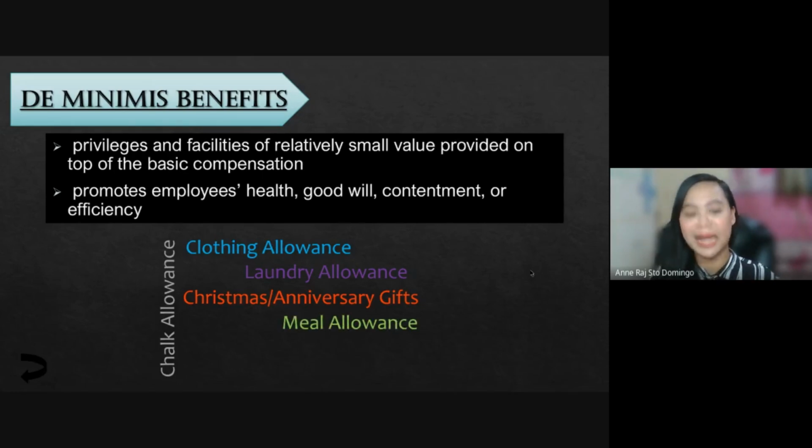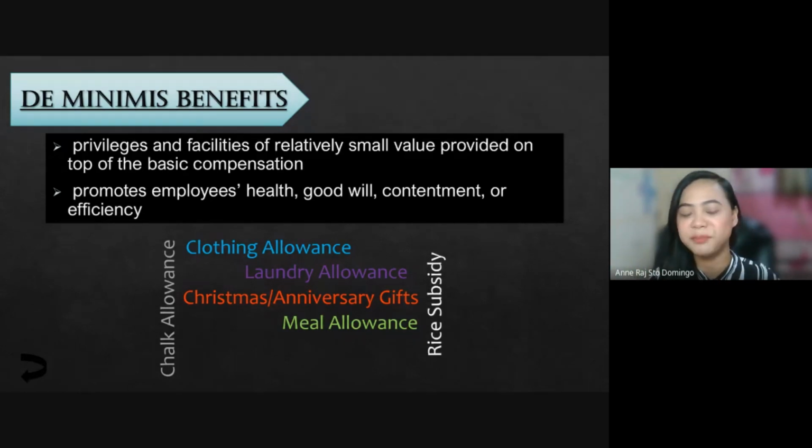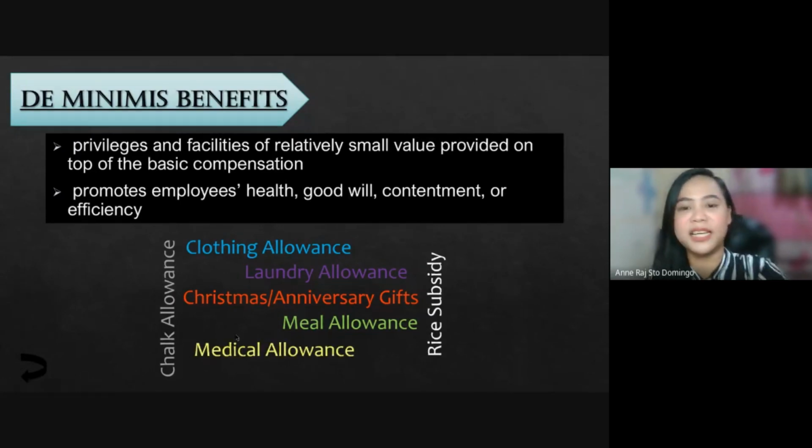Another is the meal allowance. Ayan, may allowance para sa meals, especially kapag mga overtime. At saka pagka talagang nagtrabaho na kayo, medyo busog na kayo. So, may pambili na, mayroong mga paayuda sa opisina, ganyan. And meron also tayong rice subsidy. So, very good sa mga nag-answer. And lastly, meron tayong medical allowance.